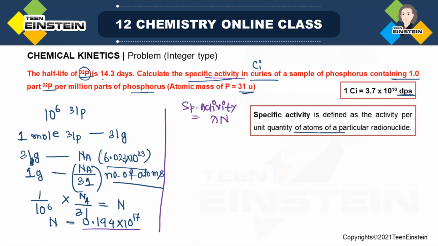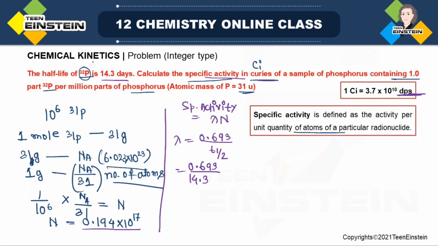Now half-life is given as 14.3 days. From that information we can easily find it out, because the decay constant is related to half-life by this relation, which is applicable for first order kinetics, in terms of T half. But remember, ultimately we have to express it in Curie, and Curie is equal to this amount of dps, disintegration per second.